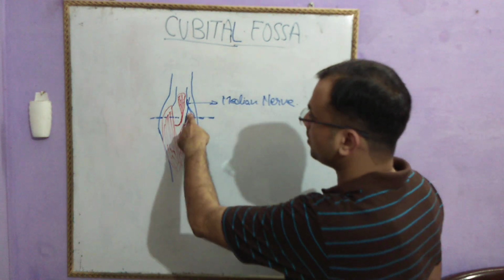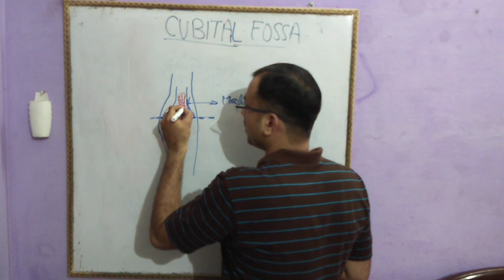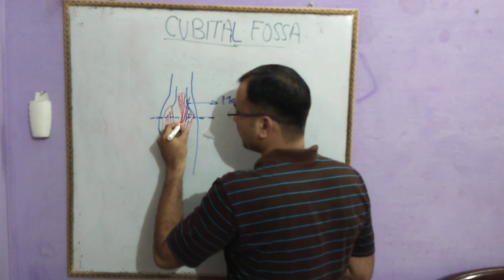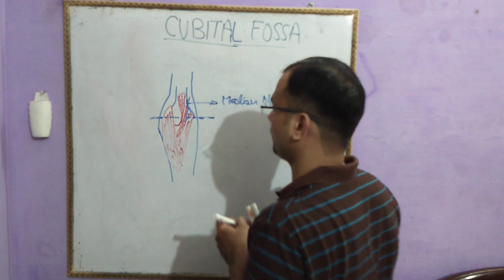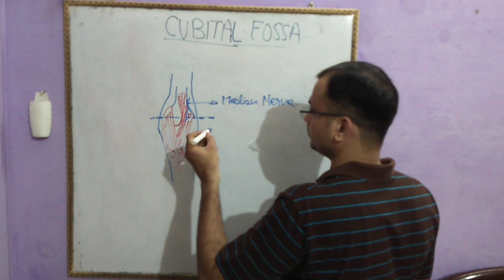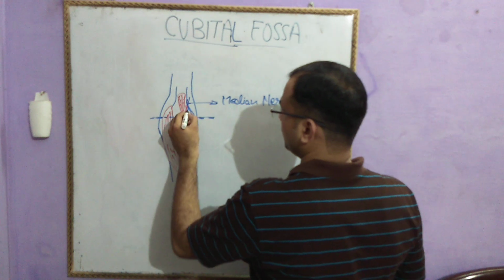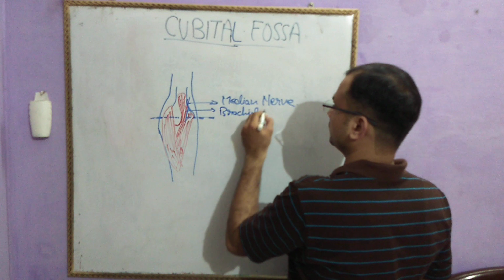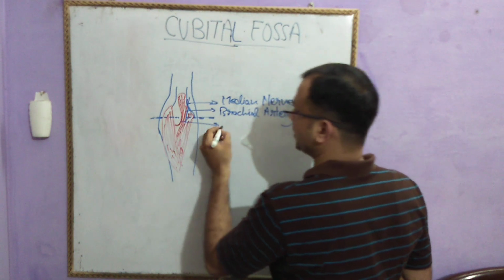In between the median nerve and the tendon of biceps brachii, here is the artery known as the brachial artery. This is the brachial artery. This is the tendon of biceps brachii.